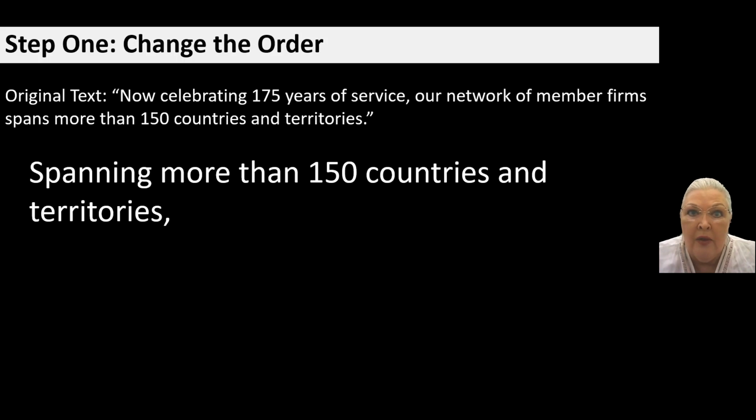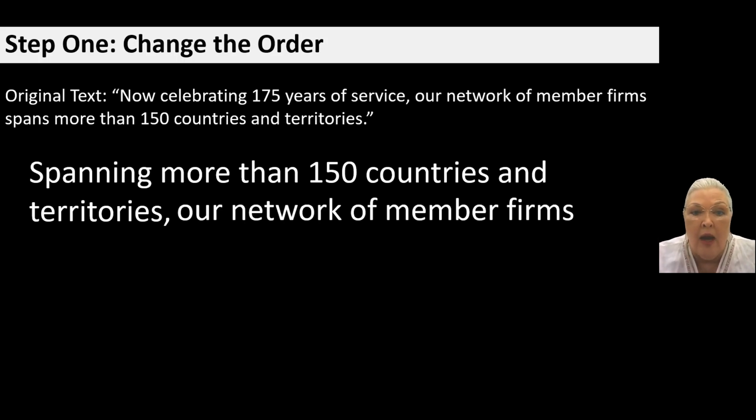And you'll notice that in my revision, I have to change the form of some of the words. Spanning more than 150 countries and territories. Okay, now I have put what's at the end of the sentence at the beginning. Here, I have added what's at the middle: our network of member firms.